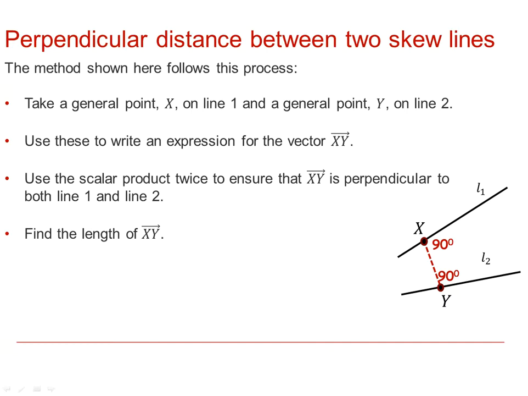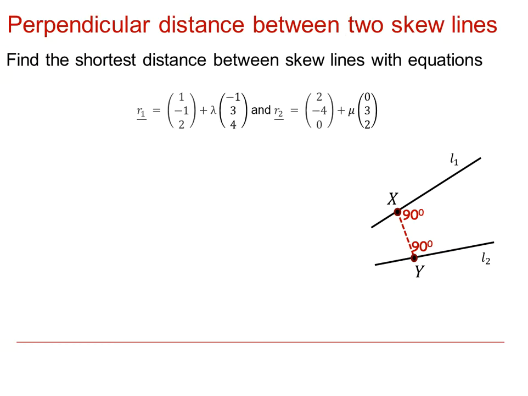So the method now I'm going to look at with a particular example. And here we have our lines R1 and R2 with these equations. Well, from the equation for R1 we can write down that the position vector of X, OX, is equal to (1 minus lambda, negative 1 plus 3 lambda, 2 plus 4 lambda).